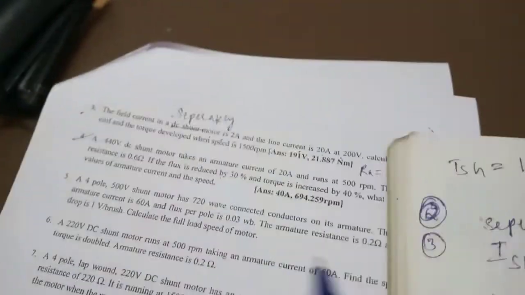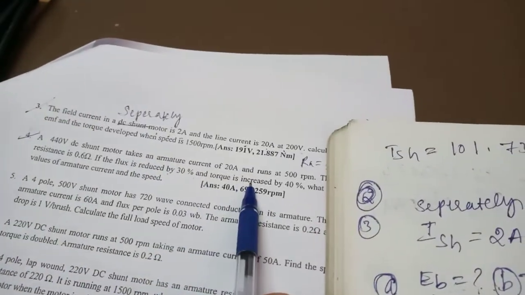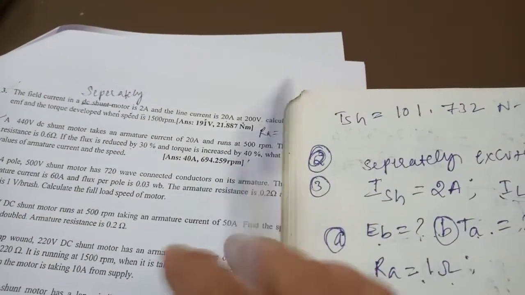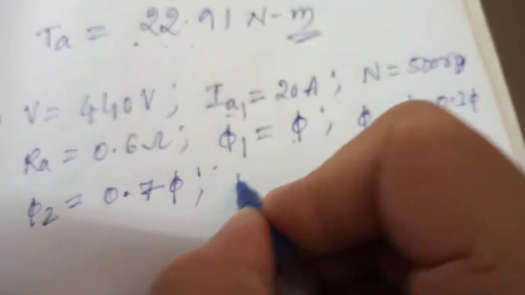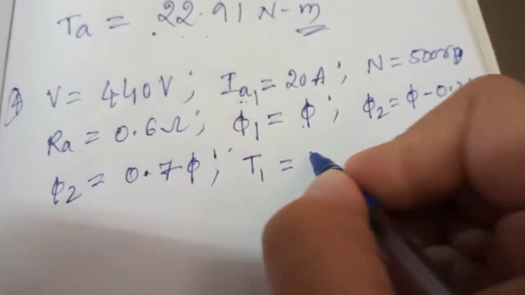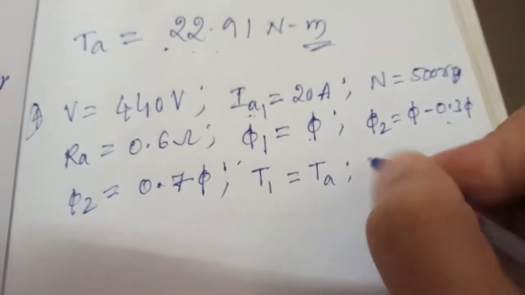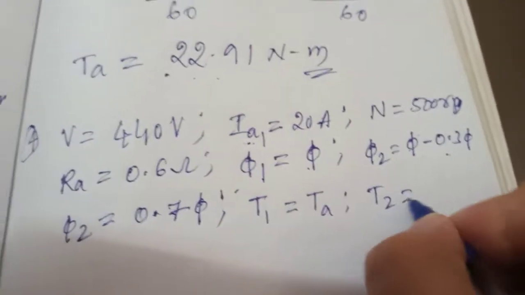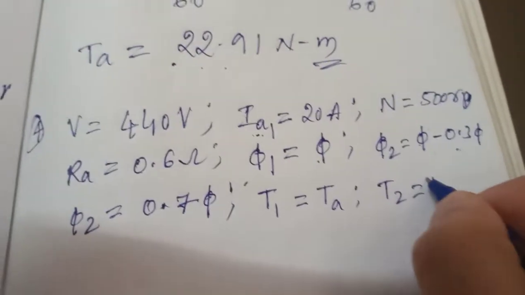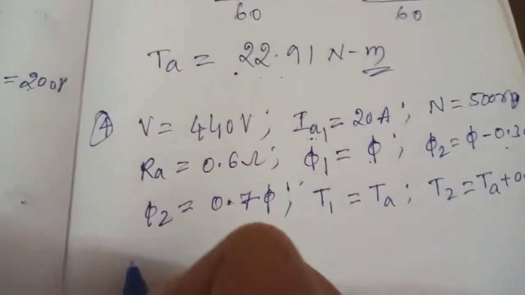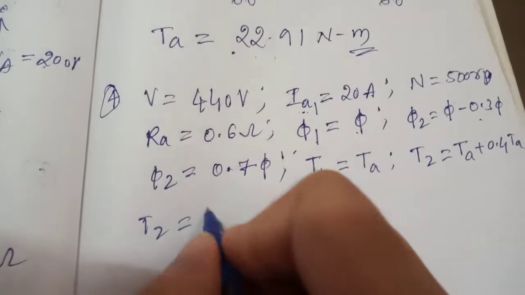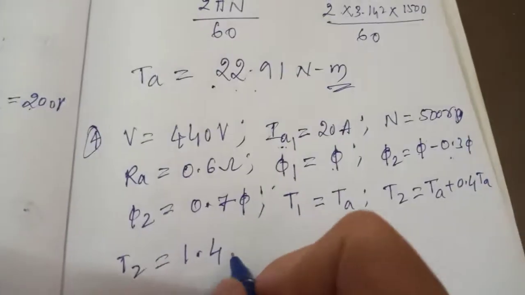The flux is reduced by 30% and the torque is increased by 40%. Let me take torque 1, T1, equal to TA. T2 is increased by 40%, so TA plus 0.4 times TA. So T2 is equal to 1.4 times TA.